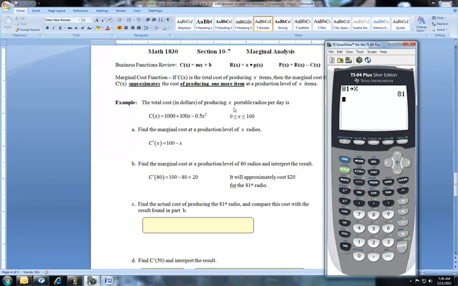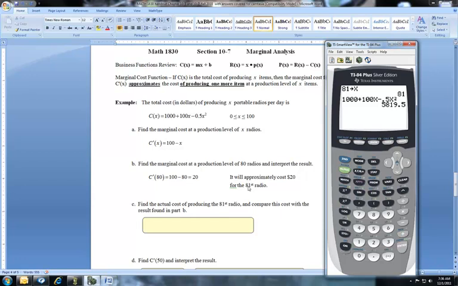Now this is the total cost of producing 81 portable radios. That's what I'm after. So it costs $5,819.50 to produce 81 radios.